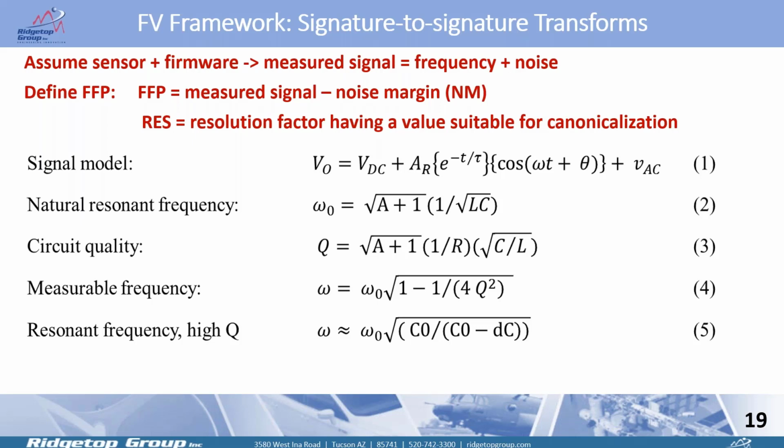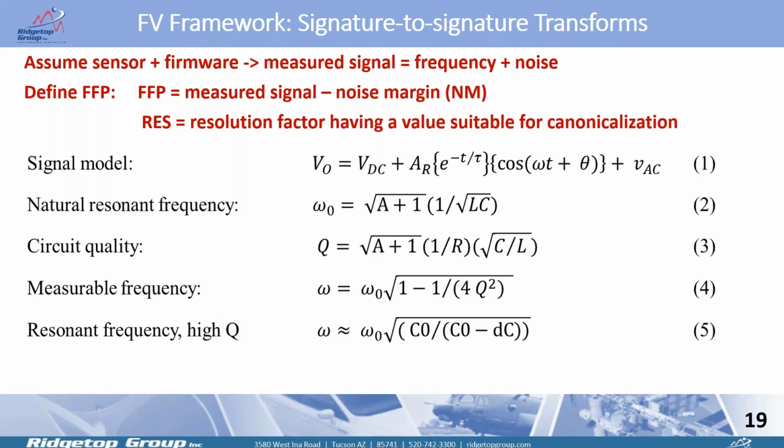So you have a signal model, you start with that. You can look at that and say, well, okay, I've got all kinds of terms in there. I've got an exponential decay, I've got DC, I've got a small signal, I've got a sinusoid, which is my resonant frequency, and you can see that there's omega naught, and omega naught is a function of the LC of the power supply. And you've also got the quality of the circuit.